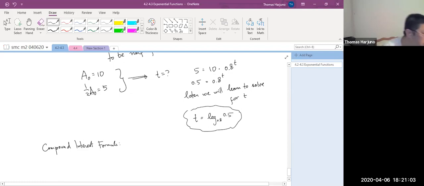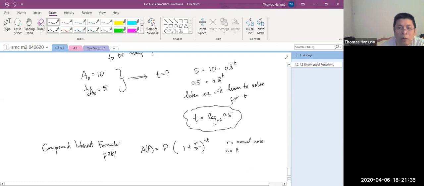You can see this on page 267, that the amount at time t equals the principal times 1 plus r over n, to the power of nt, where r is the annual rate, and n is the number of periods annually.